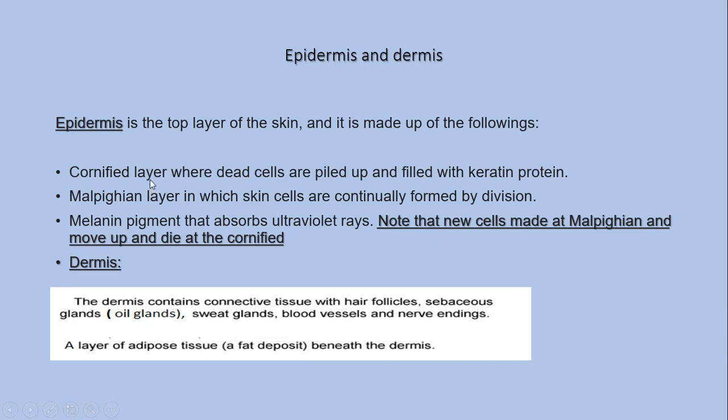Cornified is made up of dead cells with keratin, while in the Malpighian layer cells renew or divide. The dermis contains hair follicles, sebaceous or oily glands, sweat glands, blood vessels, and nerve endings, and a layer of adipose tissue, which is fat, beneath the dermis, as we illustrated in the figure. Thank you.